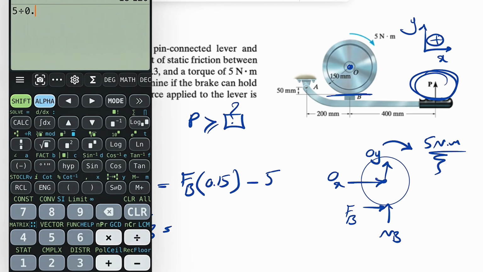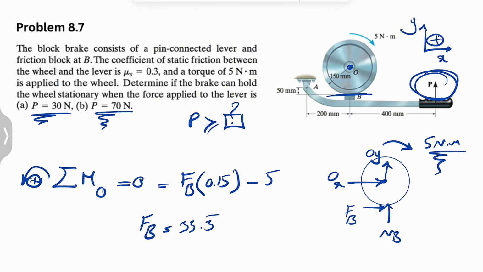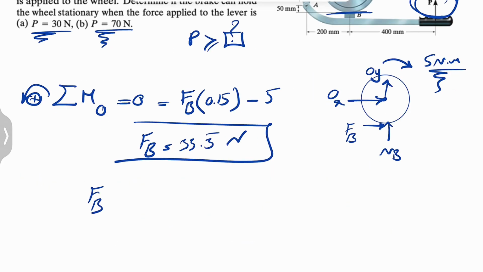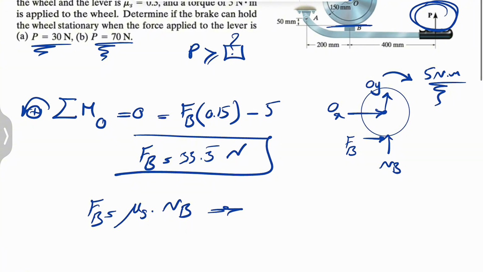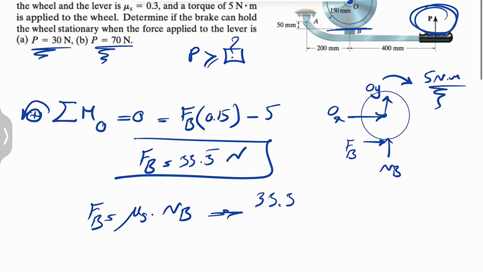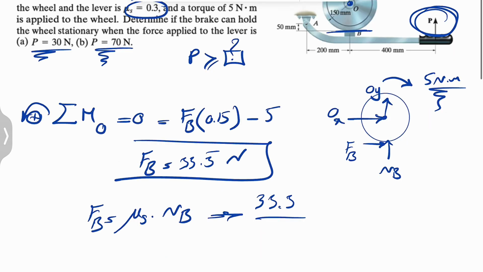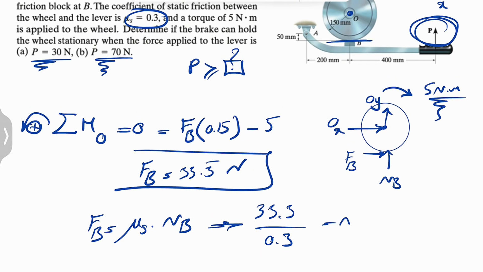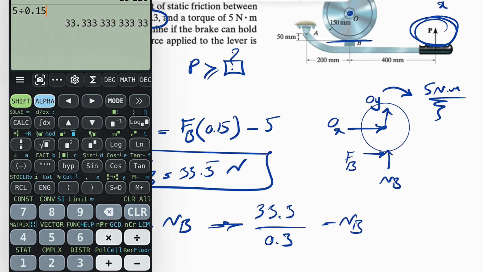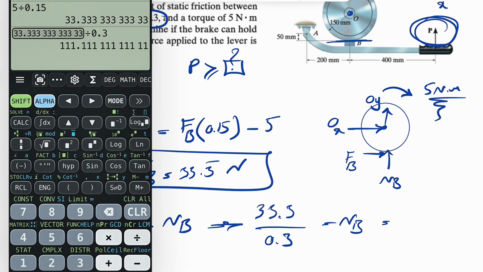So FB is 5 divided by 0.15, which is 33.3 repeating newtons. We know FB is also equal to the coefficient times NB, so NB is 33.3 divided by the friction coefficient 0.3, which gives us 111.1 repeating newtons.